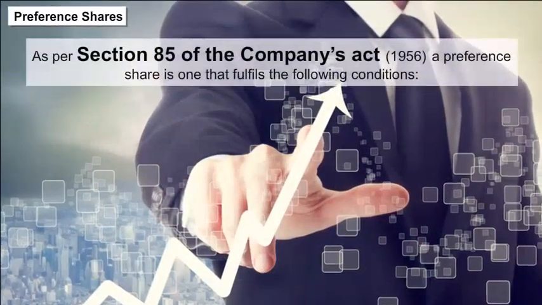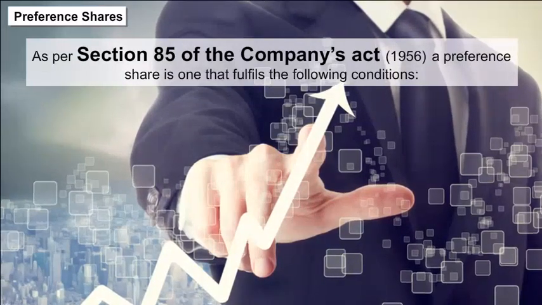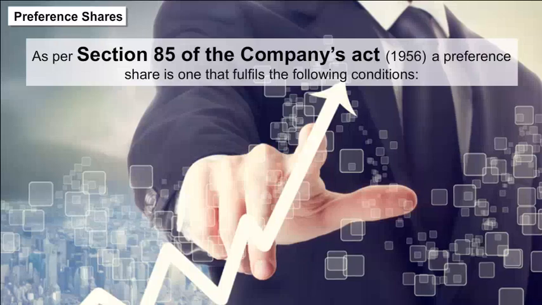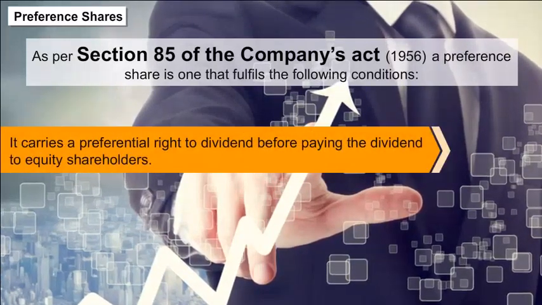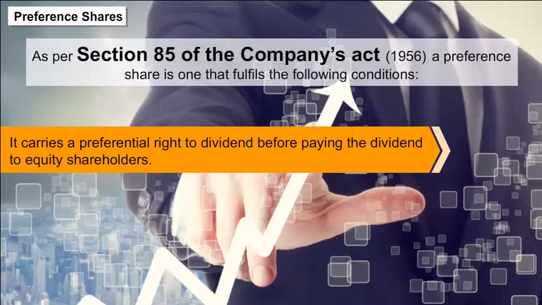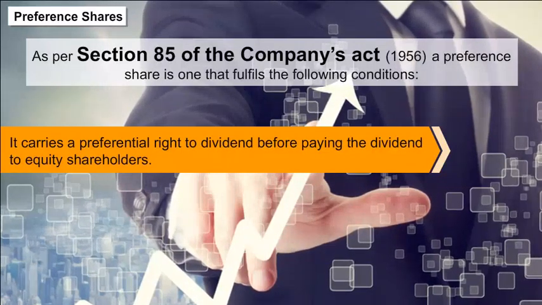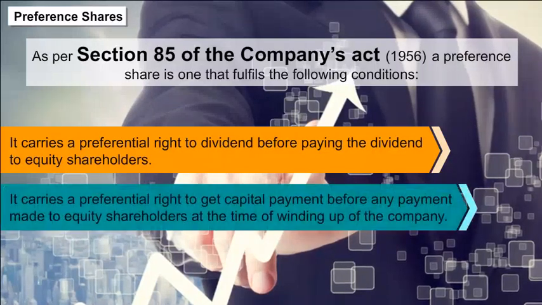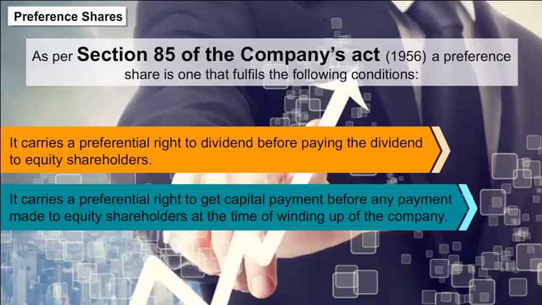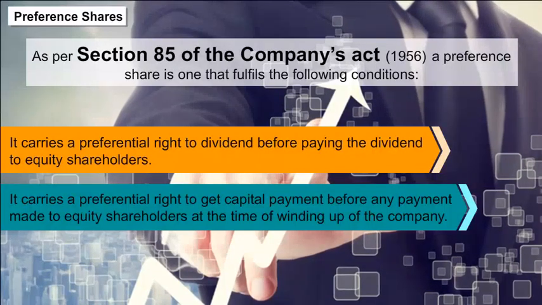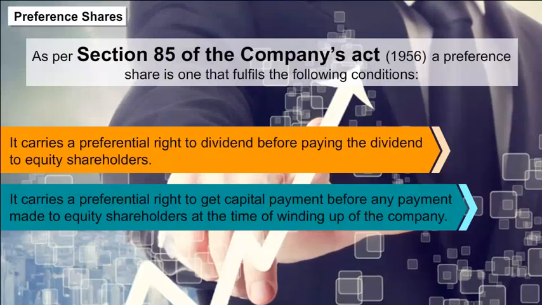As per Section 85 of the Companies Act, a preference share is one that fulfills the following conditions. A. It carries a preferential right to dividend before paying the dividend to equity shareholders. B. It carries a preferential right to get capital payment before any payment made to equity shareholders at the time of winding up of the company.